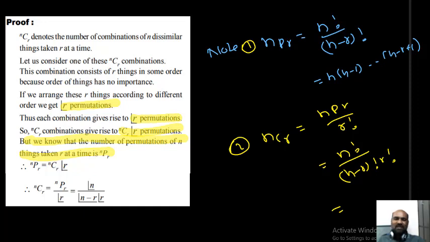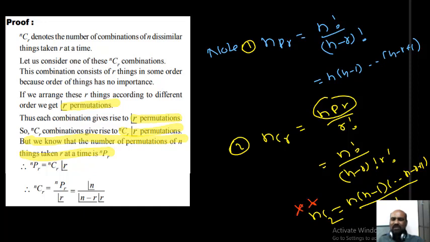Or another formula, which is interesting: N repeatedly decreased R times, N into N minus 1 into so on, N minus R plus 1, divided by R factorial. This last formula is important for solving problems.